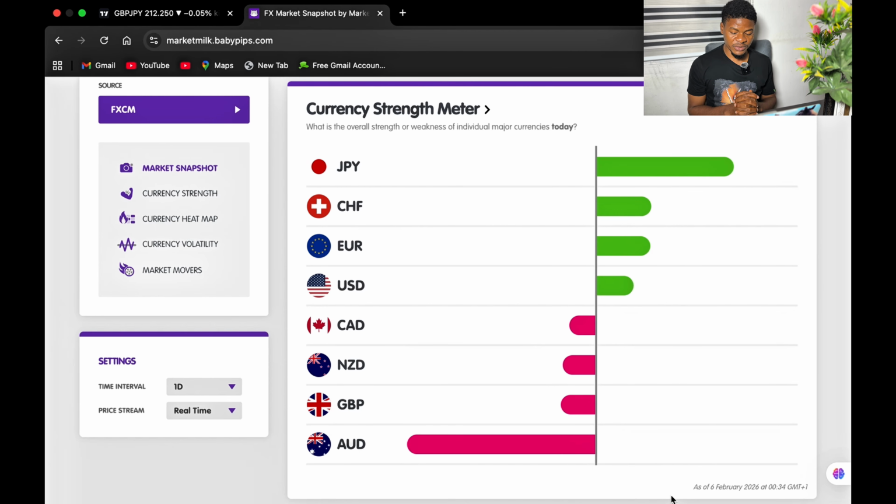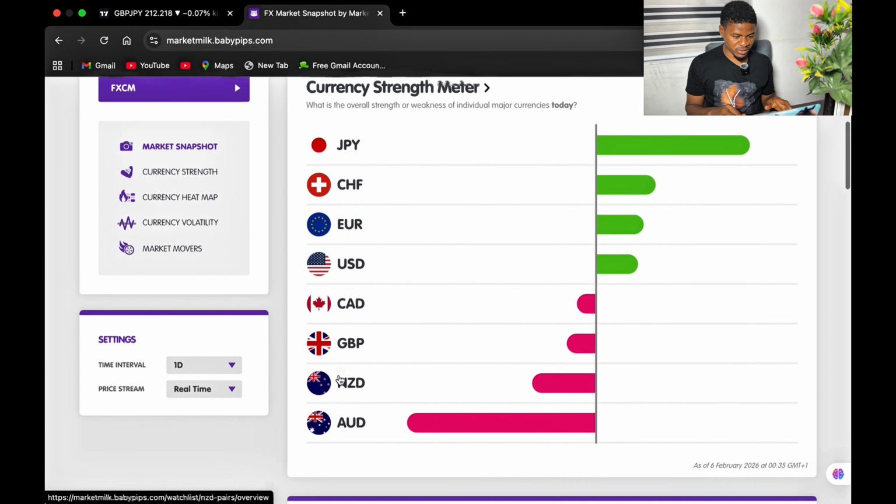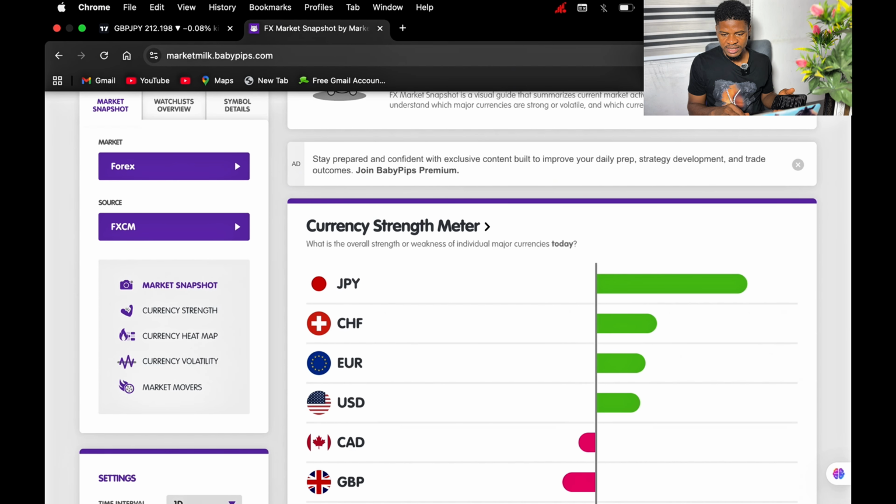The tools that I'm using have already given us an easy way to enter the market without any stress or without us looking for the change of character, because the indicator will show you what to do. It's an ICT indicator. So let me show you the example. Now, on Wednesday, this market, because today is Friday, you can see it is 6 February on Friday.